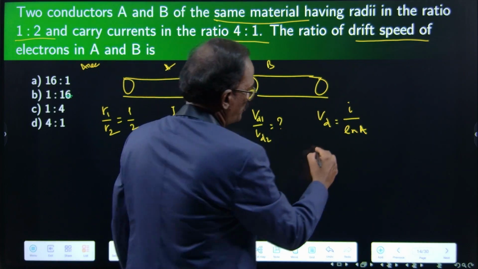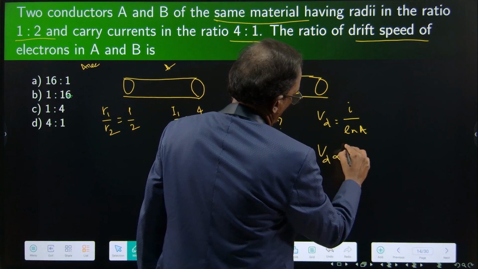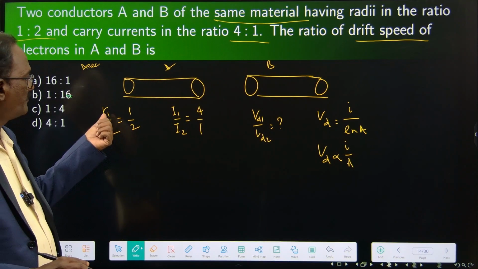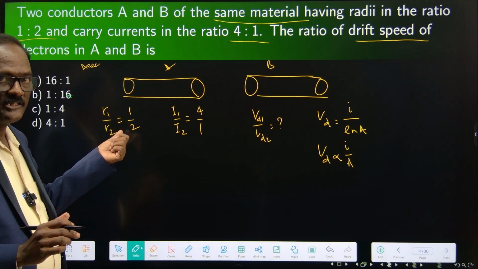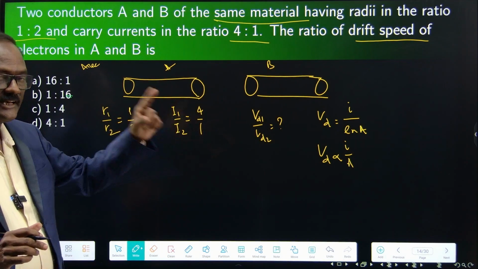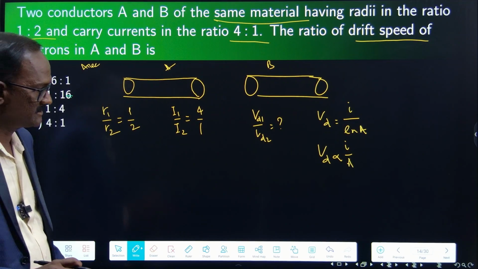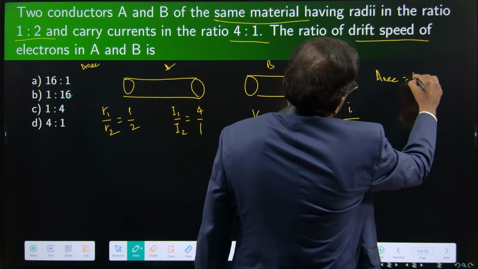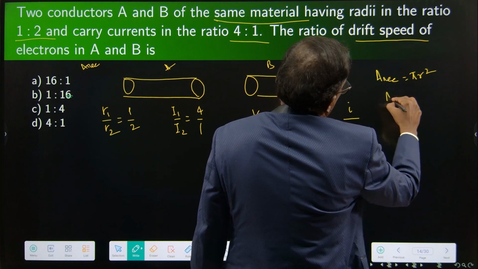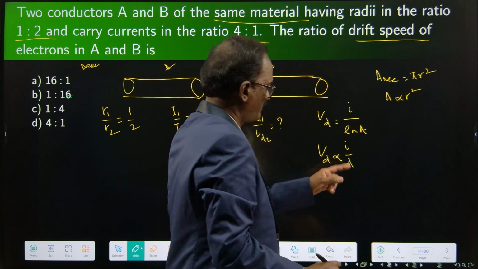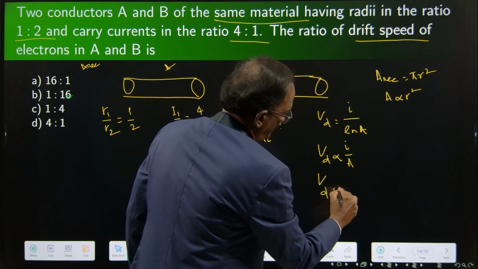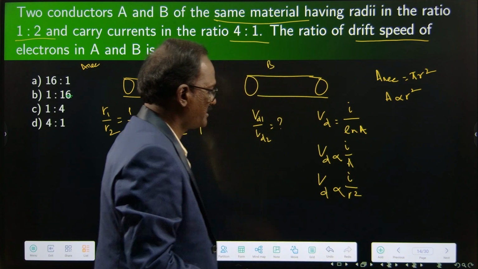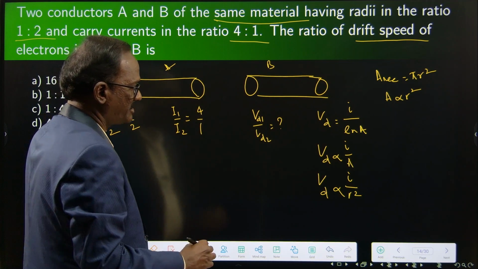So Vd is proportional to I by A only. Whenever you see the word radius, you must connect the area. Area is equal to pi r square. So A is proportional to r square. So I will rewrite Vd is proportional to I upon r square, right? So easily we can find the ratio.